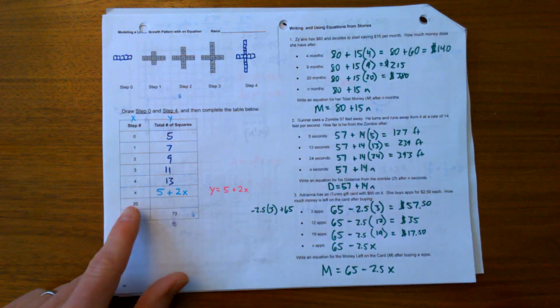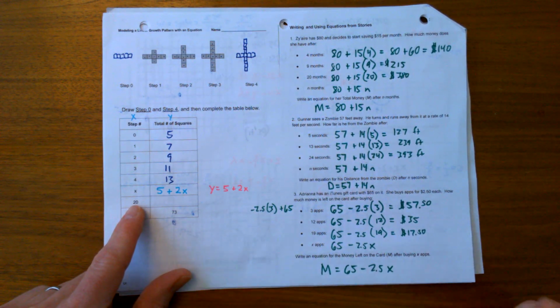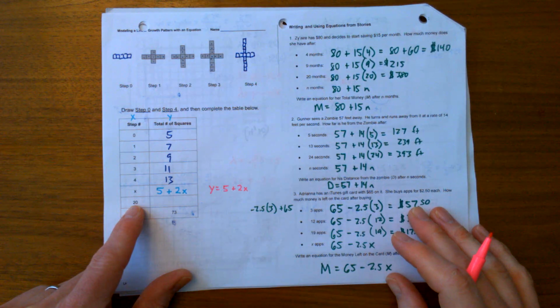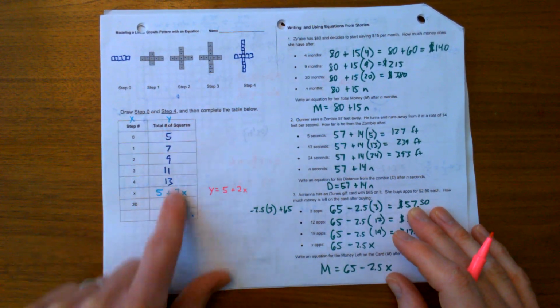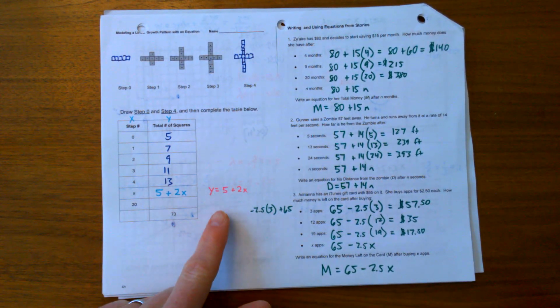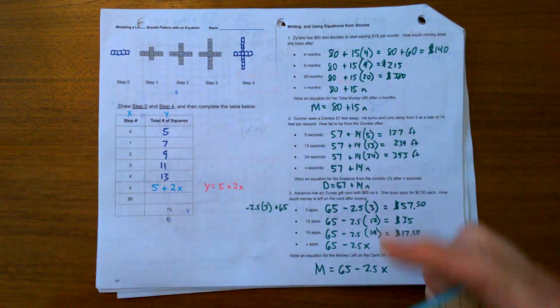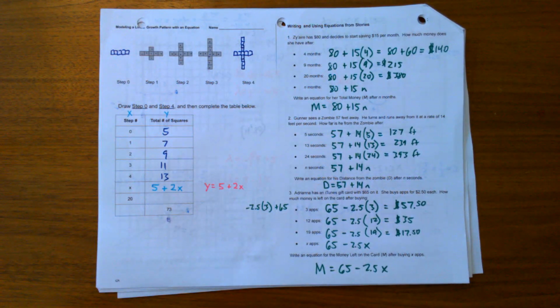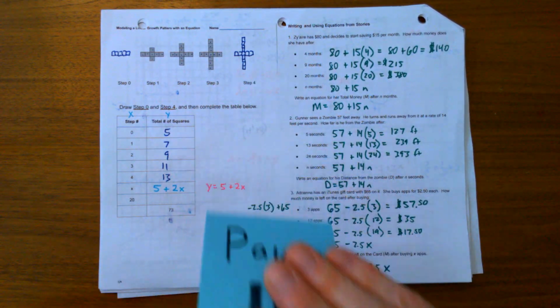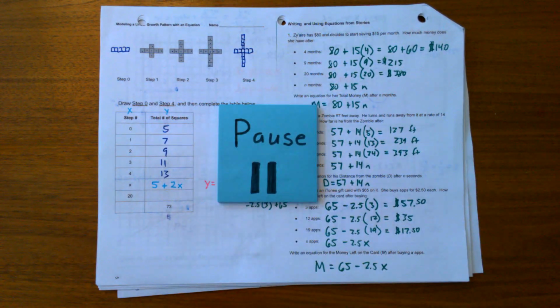What will be the total number of squares for step 20, and what step are we in if the total number of squares is 73? So here's one more pause. Pause this, try to do those 2 calculations using the equation that we've come up with to model the growth of this pattern. Please pause it, calculate those 2, begin.